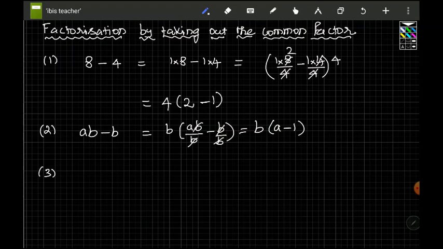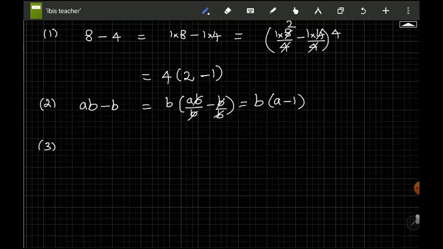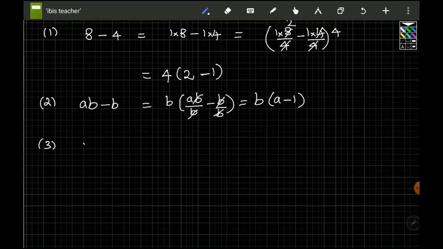Let's give one more example, with higher powers also. So we have A square B minus AB. A square B is actually A into A into B, minus AB. So the common factor is AB here.